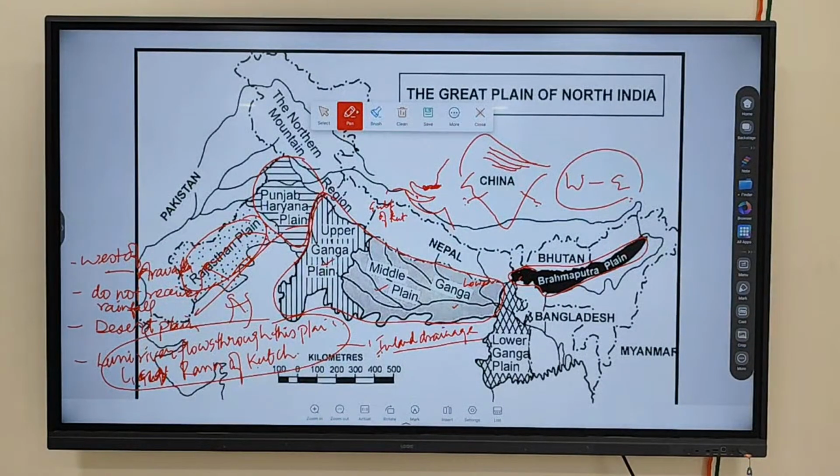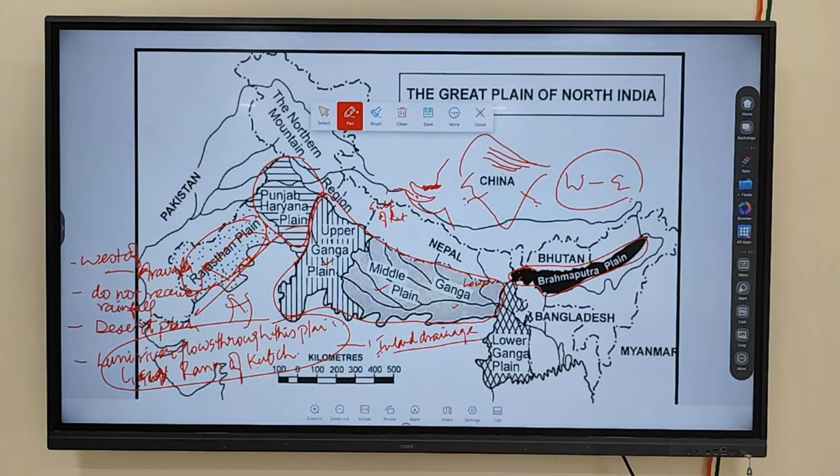Neither the Arabian Sea nor the Bay of Bengal. So it is forming an inland drainage.